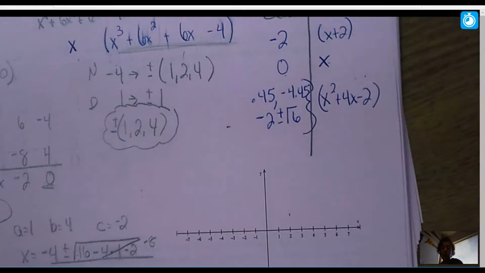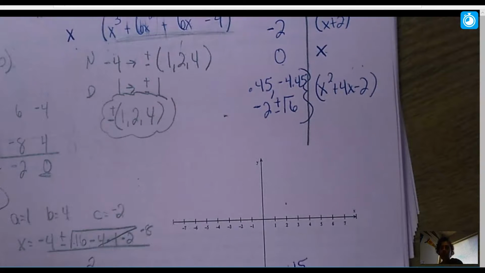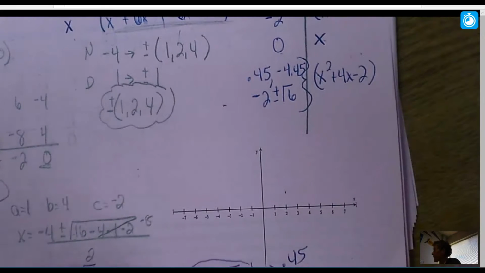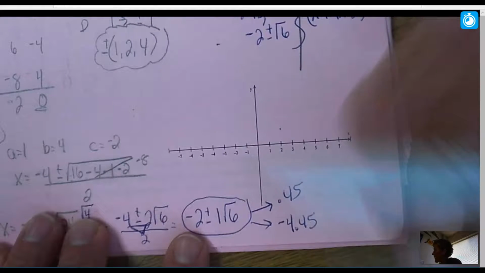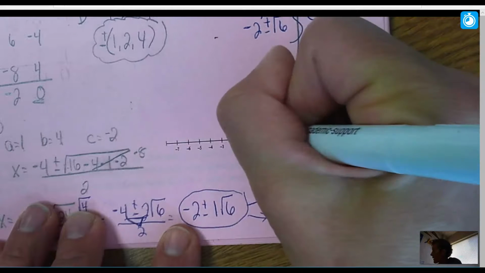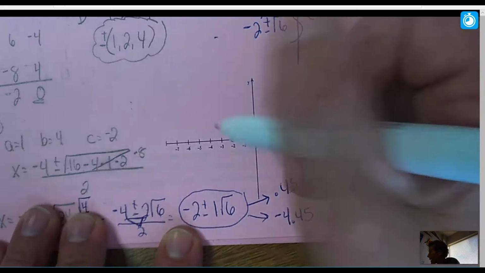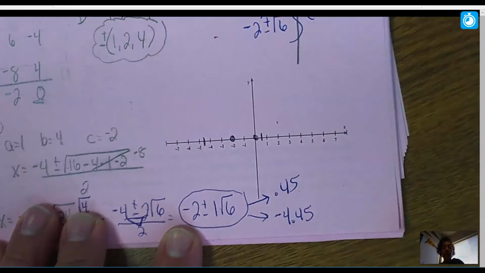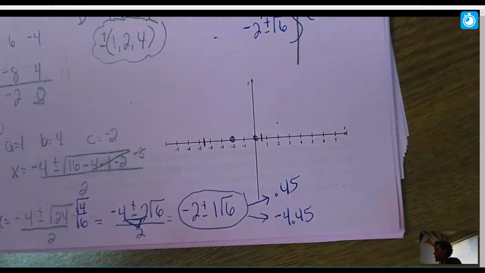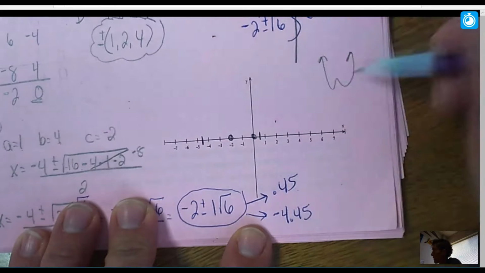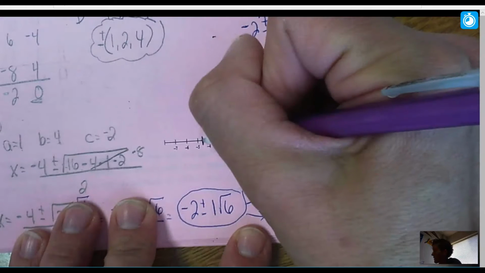And every answer shows up once, so every answer is going to cross. These are different numbers, okay? Well, they're different numbers. So going to my graph, here's negative 2, here's 0. There's about 0.45 maybe, and then here's negative 4.45. And again, I'm going to remember the shape, that it's some type of bumpy U. Again, this was a tough problem. But on the left side, it's rising to the left.